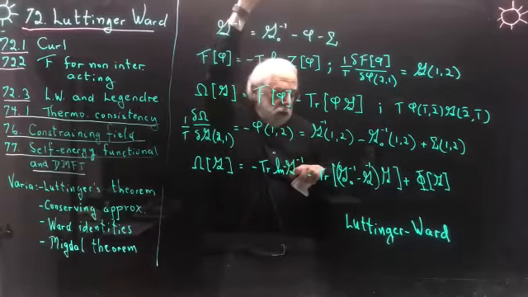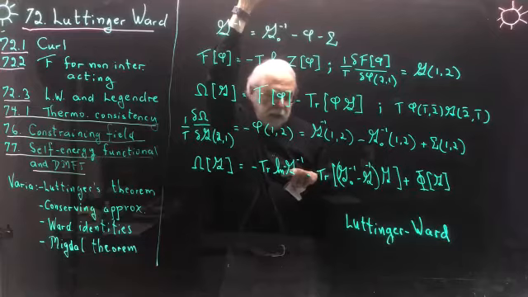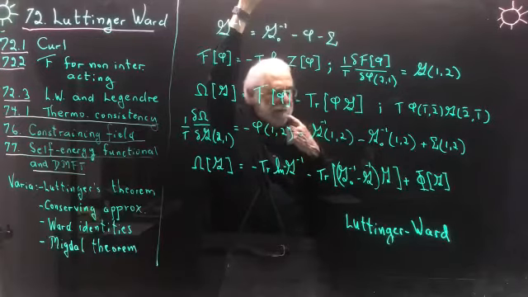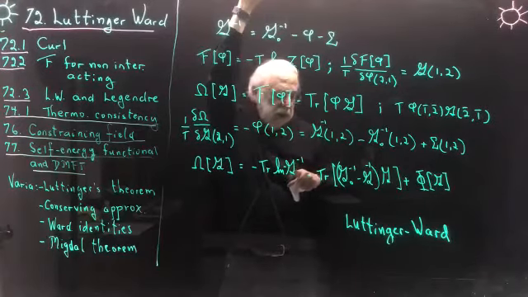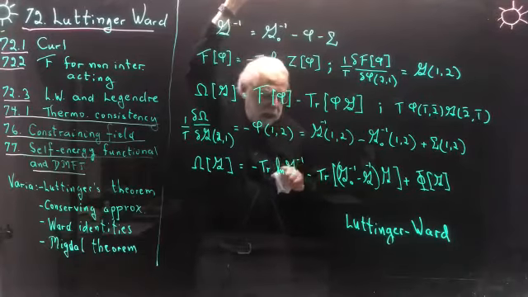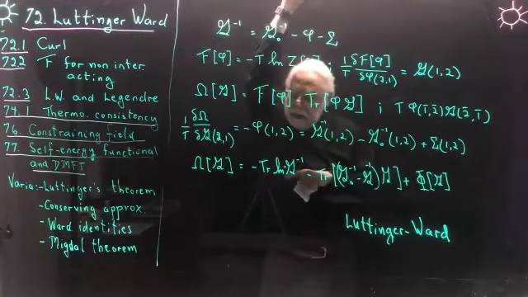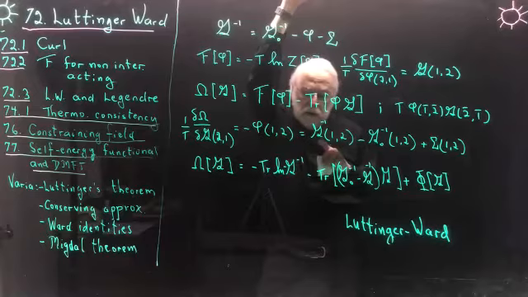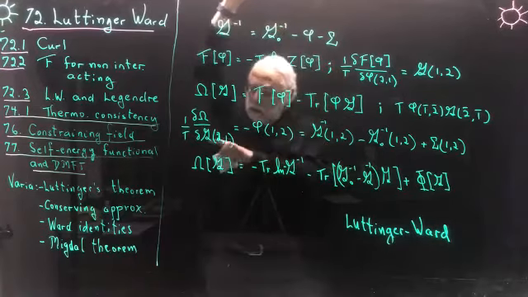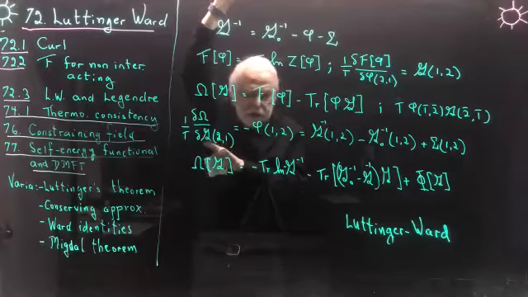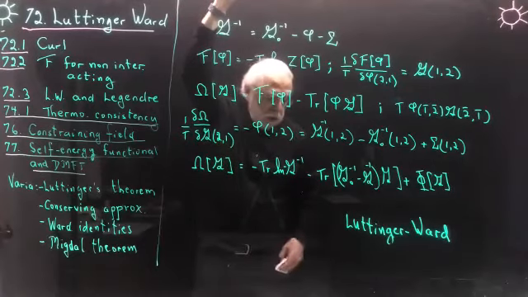So you see, if you functionally differentiate this with respect to G, you will get 1 over G minus 1, which is G. And then you differentiate with respect to G, and you get this G minus 1.